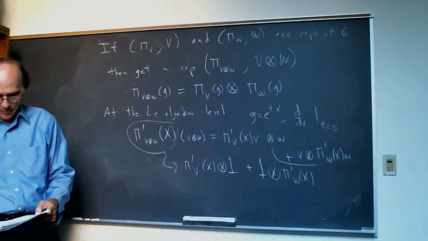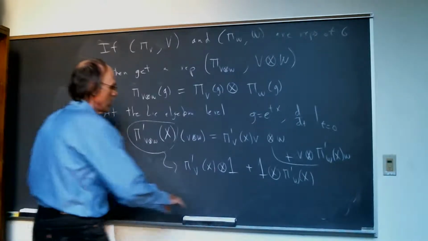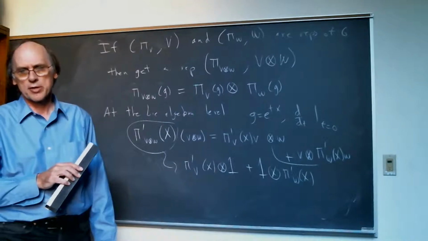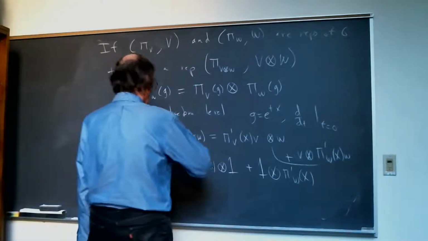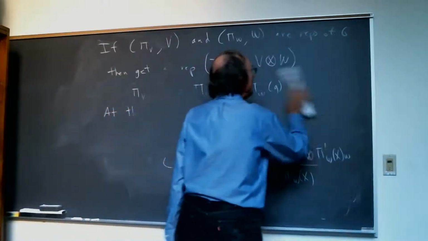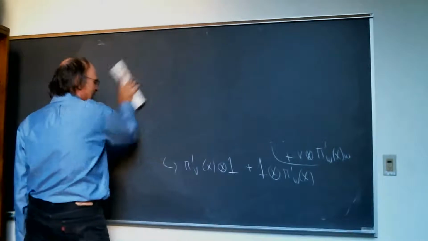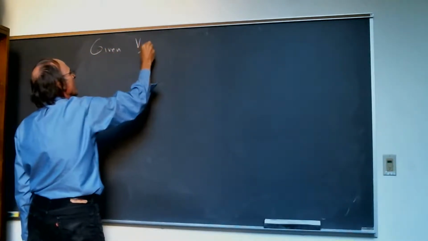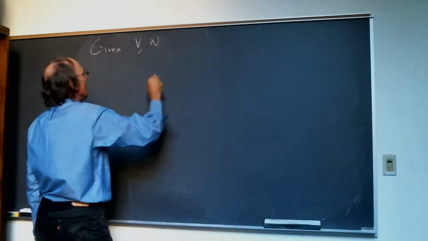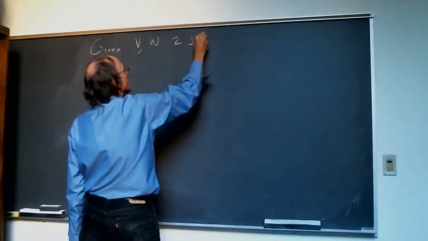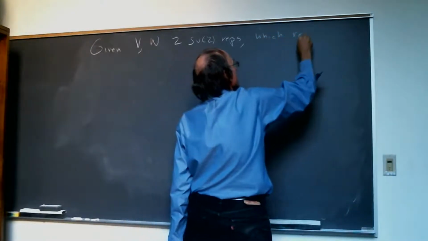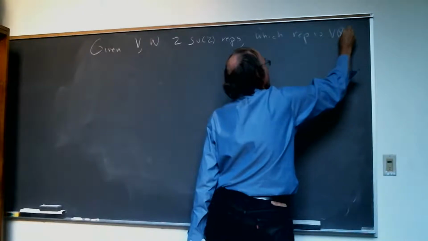Okay. So now let's go back to what we were talking about before, which was SU(2) representations, and you can ask the question: given representations V and W of SU(2), which representation is V tensor W?